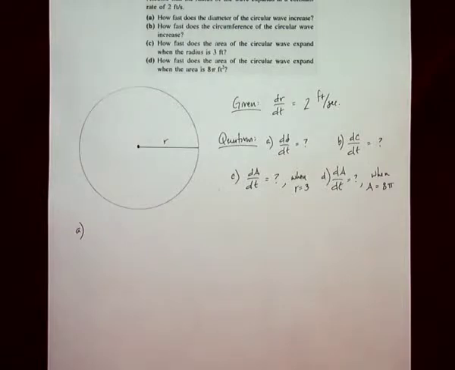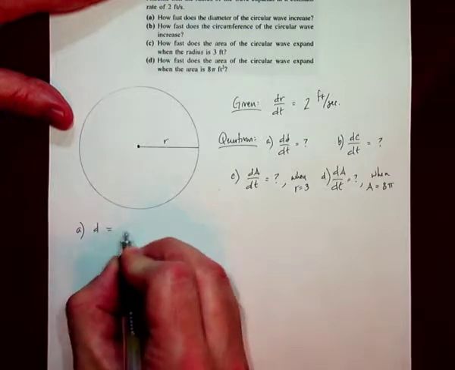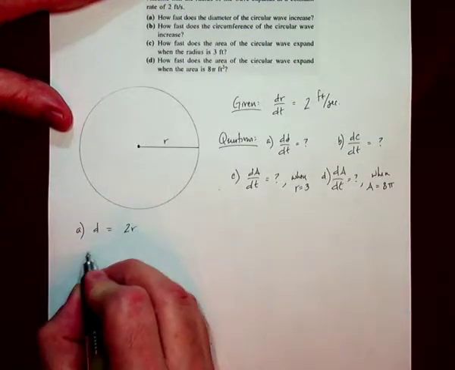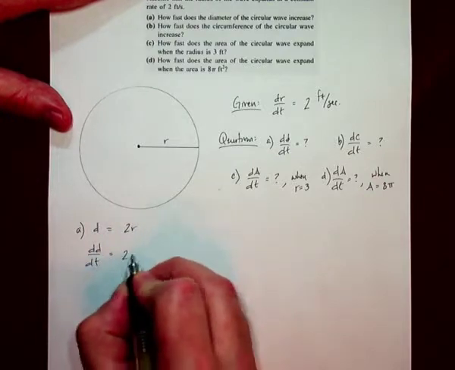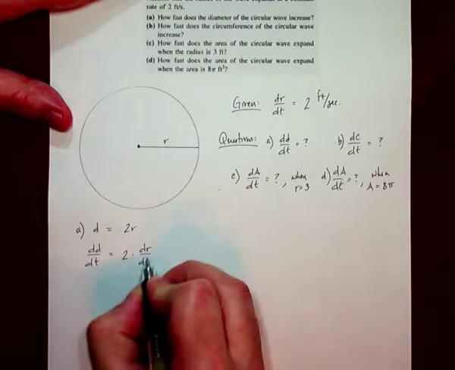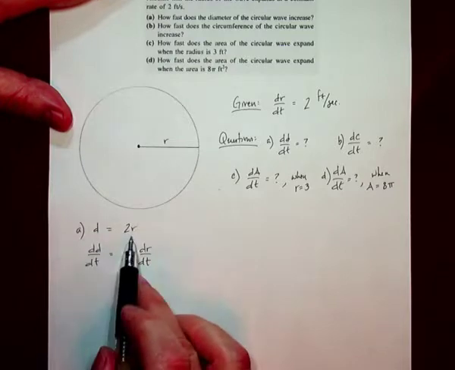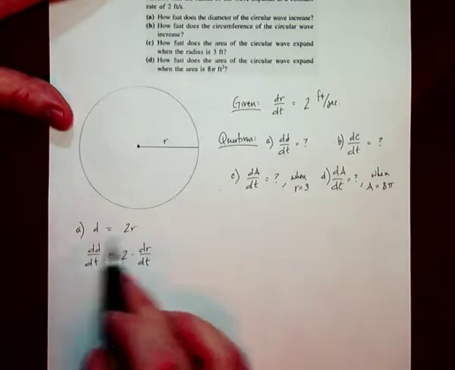If the radius is expanding at 2 feet per second, then the diameter, being twice that, expands at 4 feet per second. But remember, that's because the diameter is equal to 2r, and when I differentiate, I get dd/dt equal to 2 times dr/dt. Notice that neither of these is to a degree greater than 1, so when I differentiate, they both disappear.